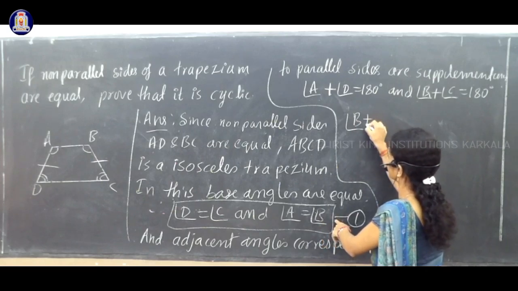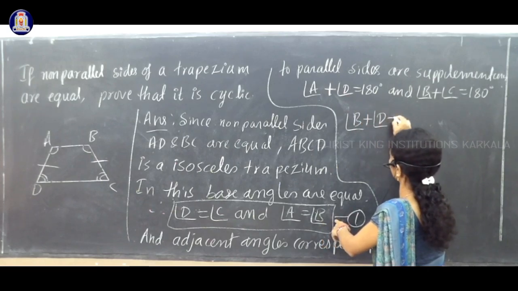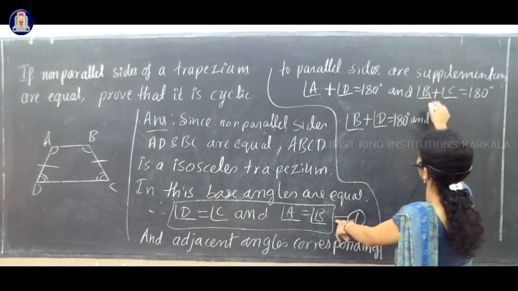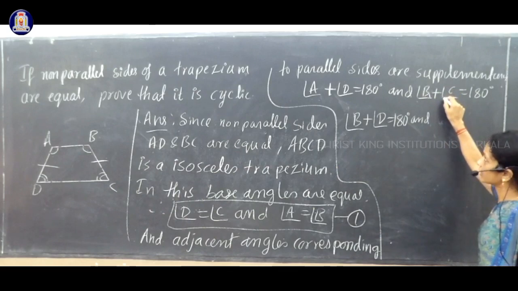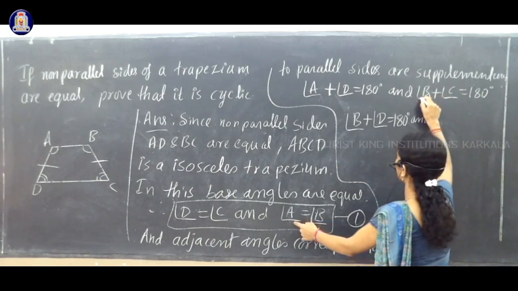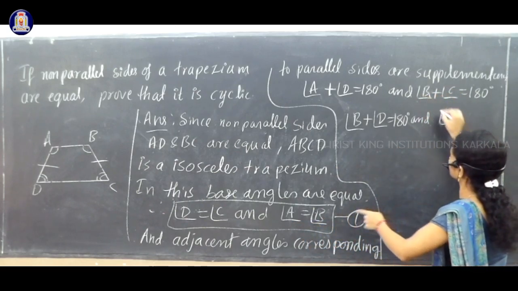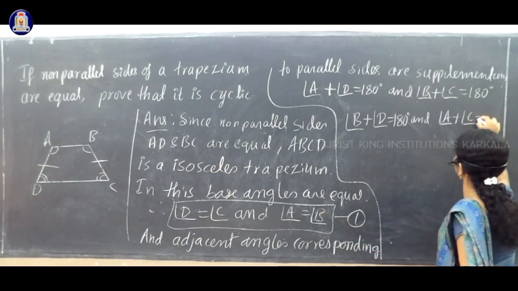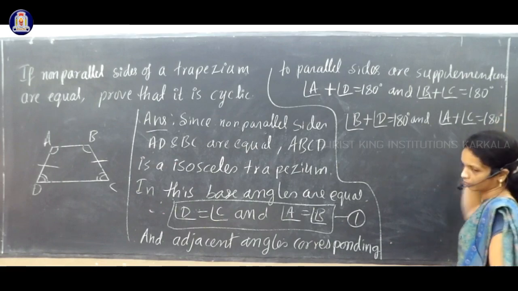Okay, and plus what we have, angle D is equal to 180 degrees, and here I'll keep angle C as it is. I'll replace angle B by angle A. So here what we get, angle A plus angle C, I kept as it is, equal to 180 degrees.